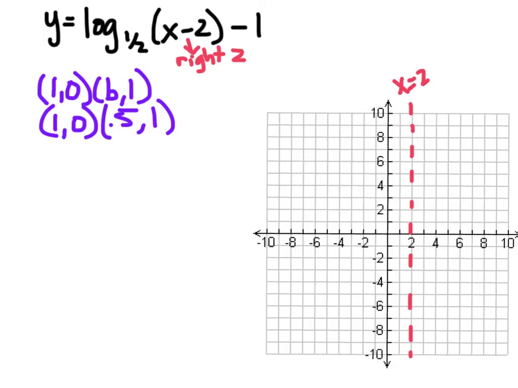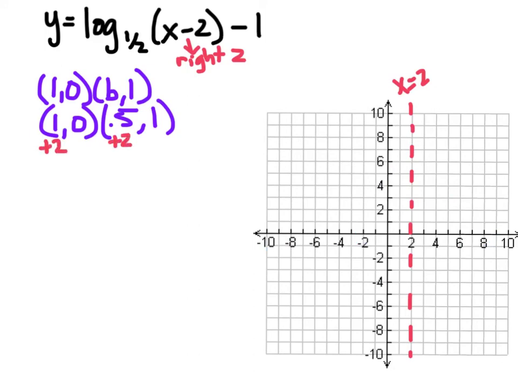All right. Since it shifts the asymptote right 2, it also shifts the points right 2. Does that affect the x or y coordinates? Moving left or right, just like this axis, it affects the x coordinates. So I'm going to have to add 2 to my x values.